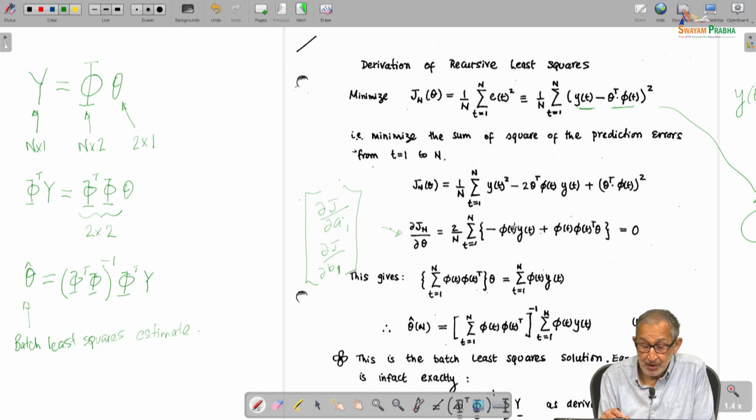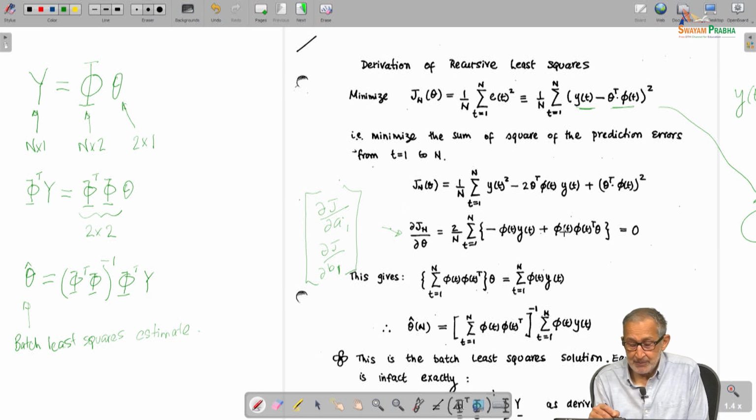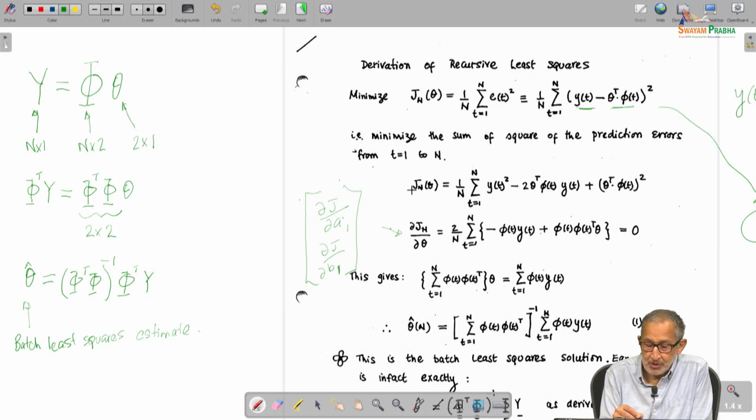This is a 2 by 1 vector multiplied by y. Phi transpose phi, again, will be a 2 by 2 matrix multiplied by theta, so it becomes a 2 by 1 vector. So the partial derivative of J with respect to theta from here gives us this expression.